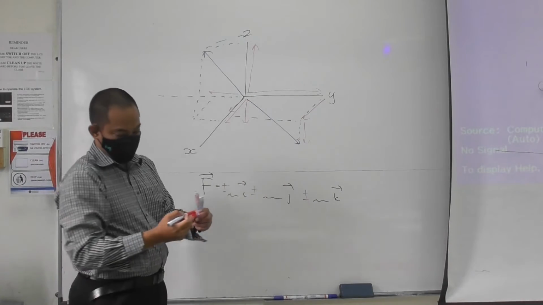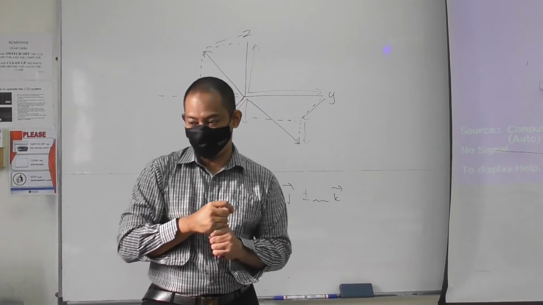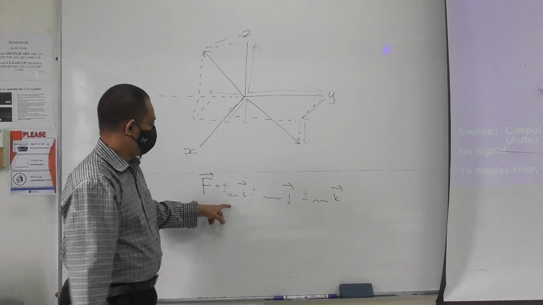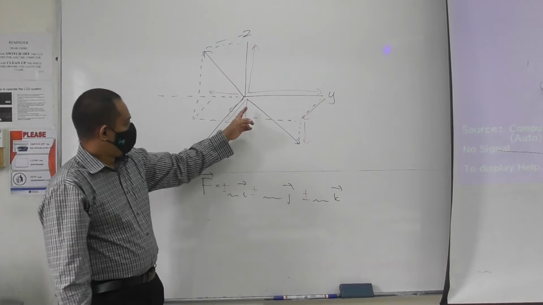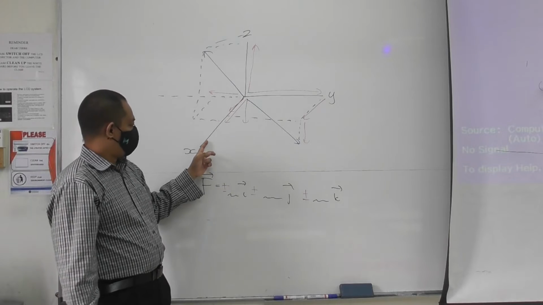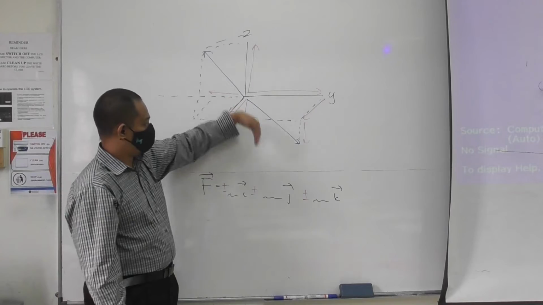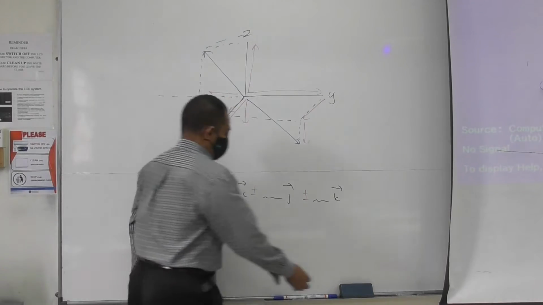So that's the primary understanding that you should have: whether a component is positive or negative depends on whether it is in the direction of positive x, positive y, positive z, or the other way around.